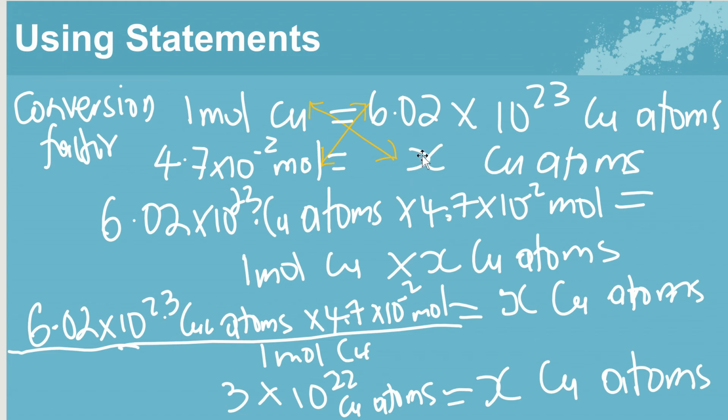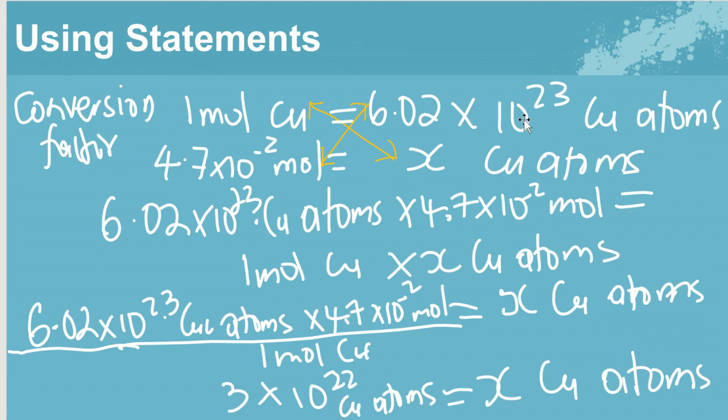And so here, X is our unknown because we're trying to get from moles to atoms. So we have a different conversion factor here. Our conversion factor here has moles and atoms. And from our chemistry, we know that 1 mole of copper is equal to 6.02 times 10 to the 23, which is Avogadro's number, copper atoms.